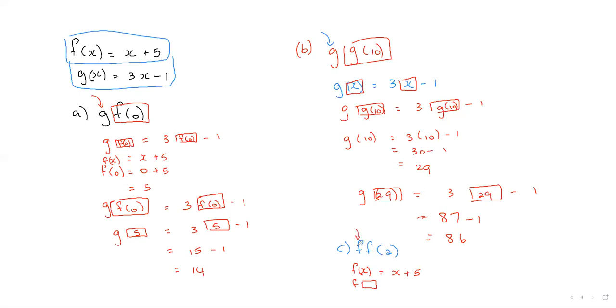Remember, the first letter is the one that you're going to input into. So we want f of x, that's f of x is equal to x plus 5. Everywhere I have x, I'm going to replace it with a box. And in that box, we want f of 2.